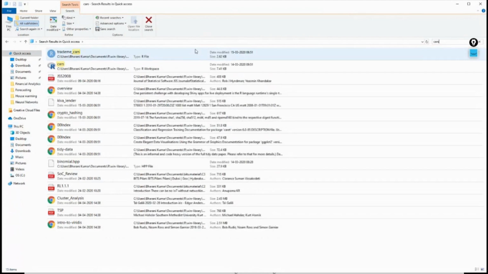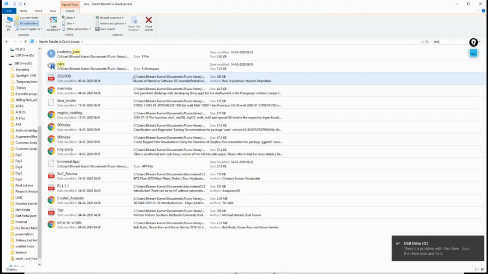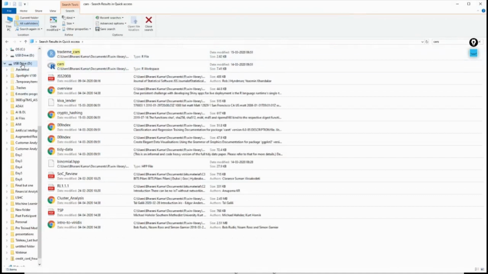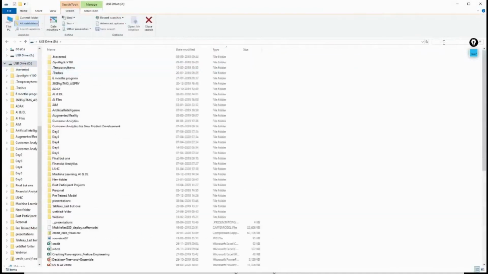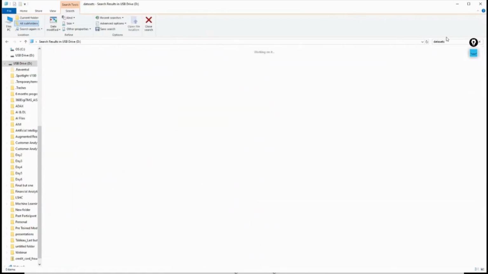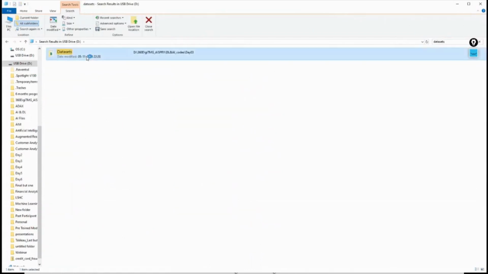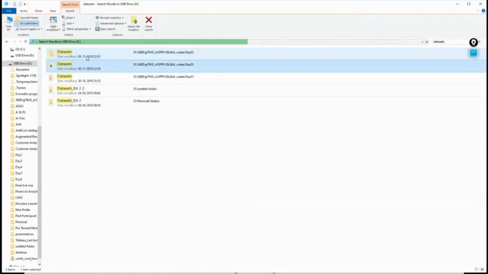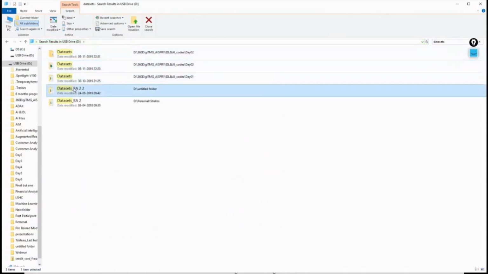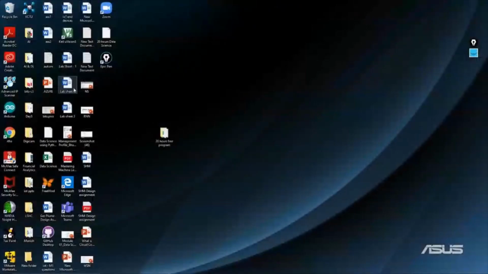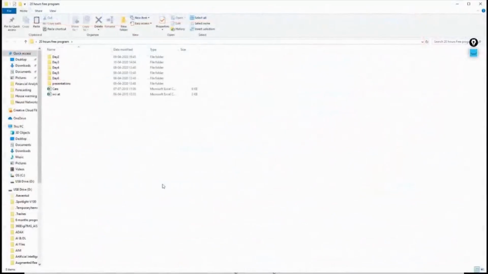Hmm, we don't have that here, so I will have to resort to another mechanism. Let me search for data sets. I think I'll have to copy all these data sets and place them in the 20-hour program.